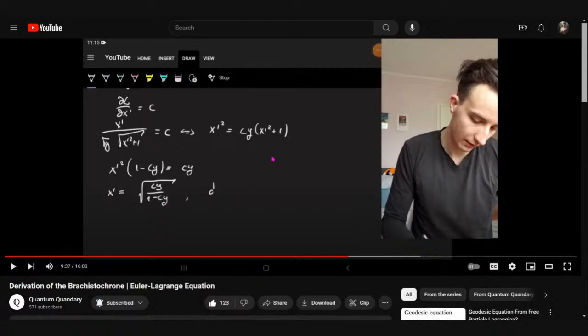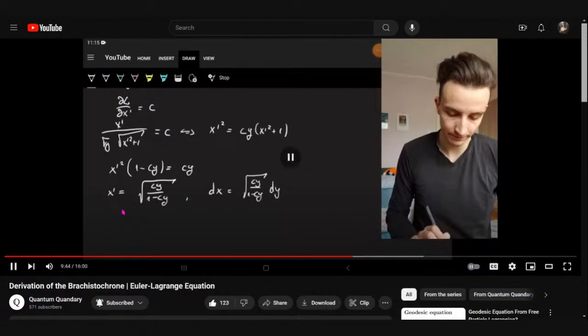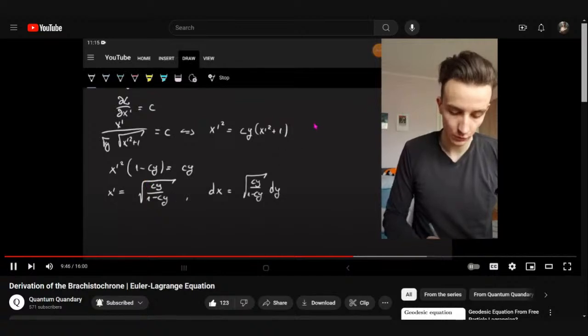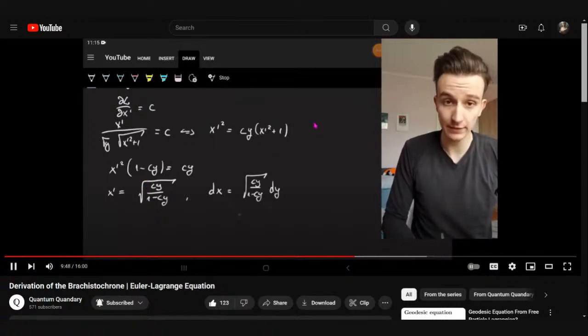We just have dx is the square root of cy over 1 minus cy, dy. So this is dx over dy, we defined it as dx over dy, or dx equals this times dy. And we can solve for x here.